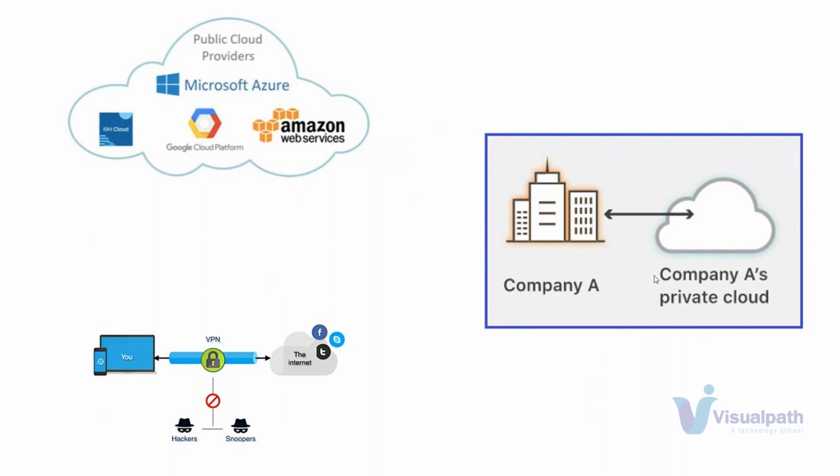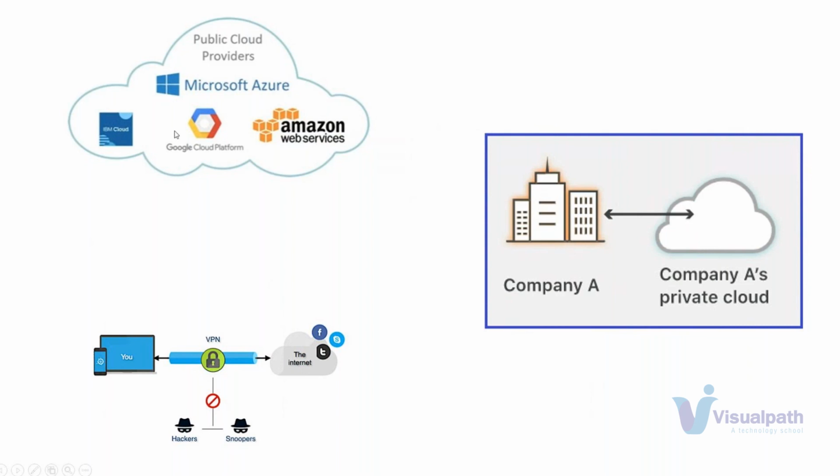But there are many challenges that organizations face when using the public cloud, because the cloud is shared between organizations. In a private cloud, only the particular organization has access to its entire network.